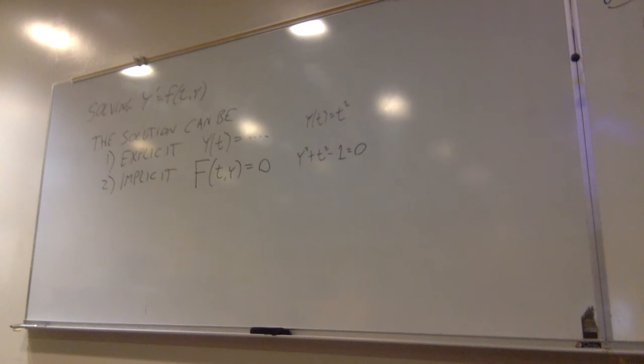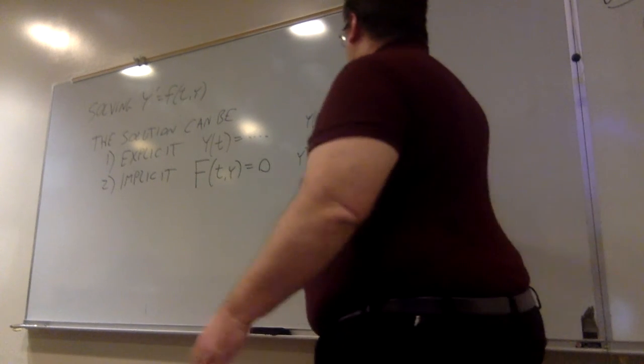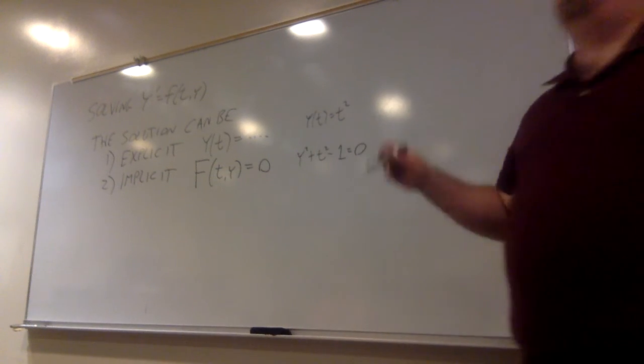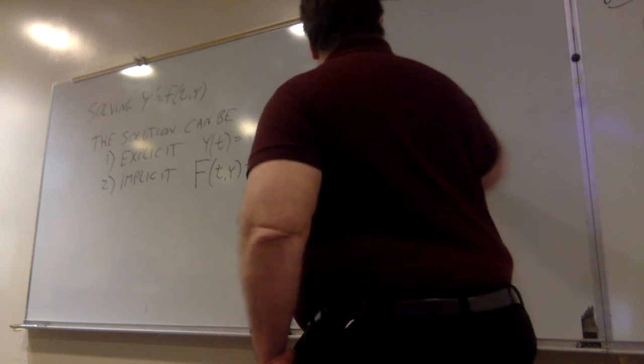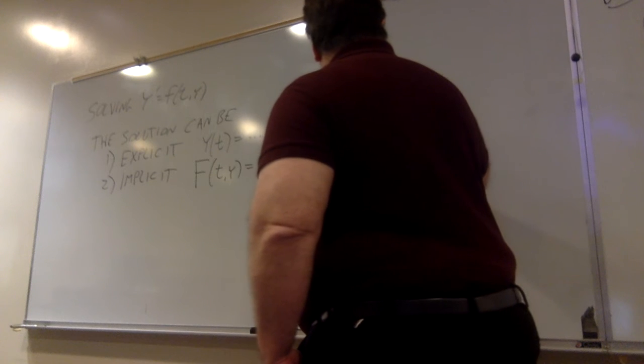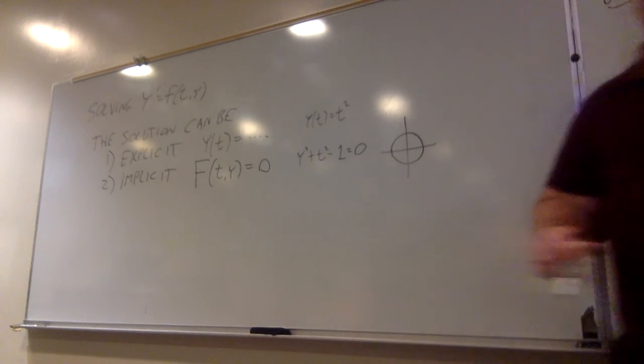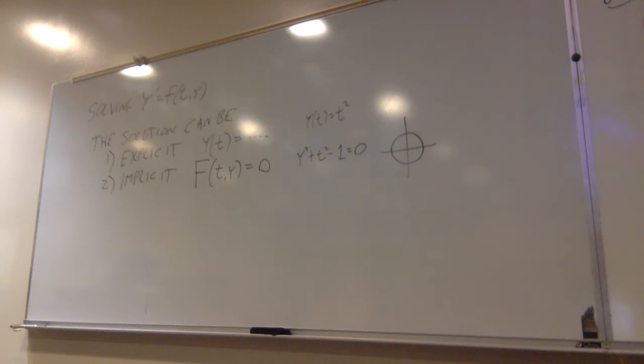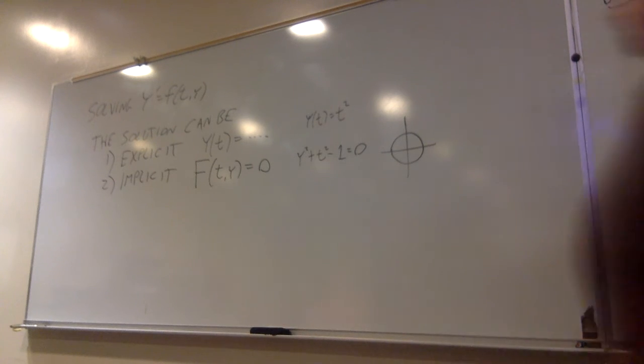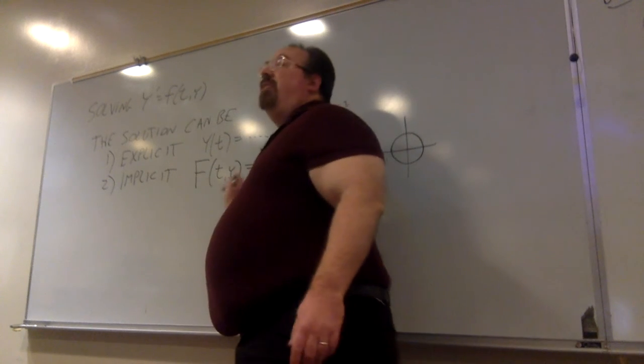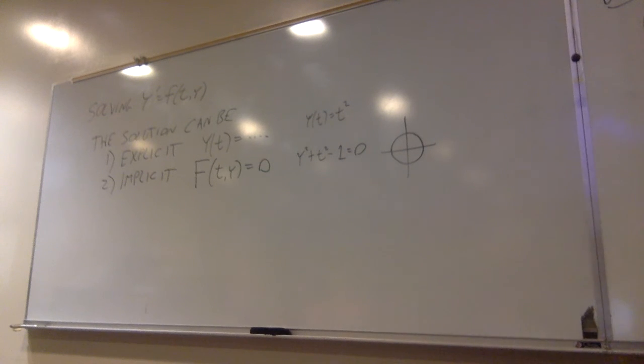So in other words, what's the graph of this? It's a unit circle. This unit circle, I cannot describe entirely by y as a function of t. It is not a function. It fails what you know as the vertical line test. If I draw a vertical line, it passes through 2 points. So that's why sometimes we have to settle for a solution in this form, F of t, y is equal to 0.